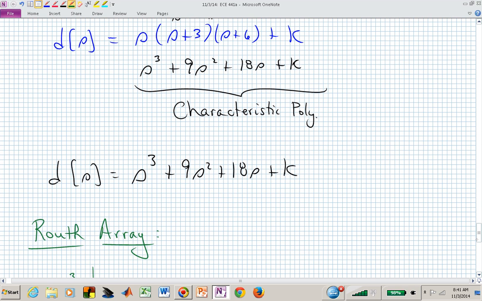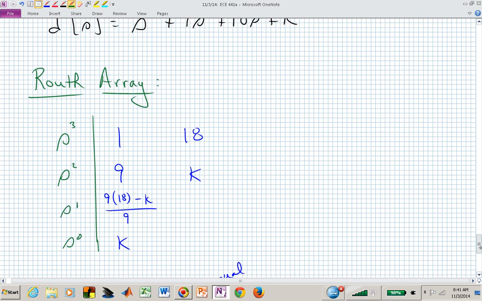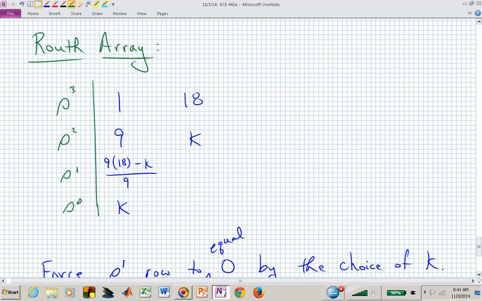Then we would have 3 roots. We don't even have to go quite that far, do we? We can now use the Routh array. We can say at that k value of 162, S1 row is 0. I can now find the S squared row, what it's producing in terms of symmetry. I don't need to worry about the 3rd root.